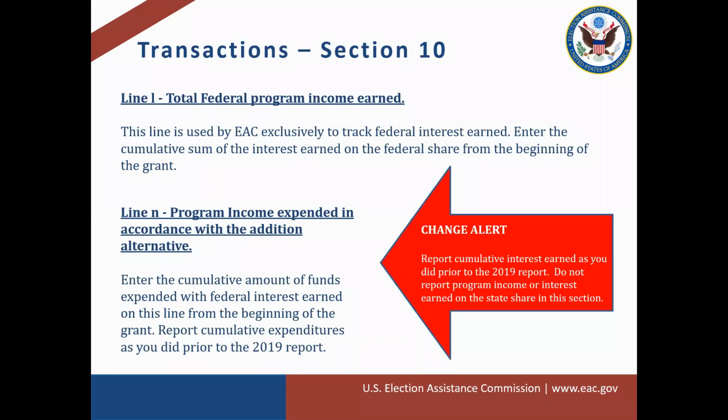So here you're going to enter the cumulative amount of funds you expended, federal interest earned. So forget that it says program income. Think of it as federal interest. And this is again from the beginning of the grant. And just to reiterate also, this is only the interest on the federal share, not on your state share. That's reported in the state recipient share section of this, of transactions.